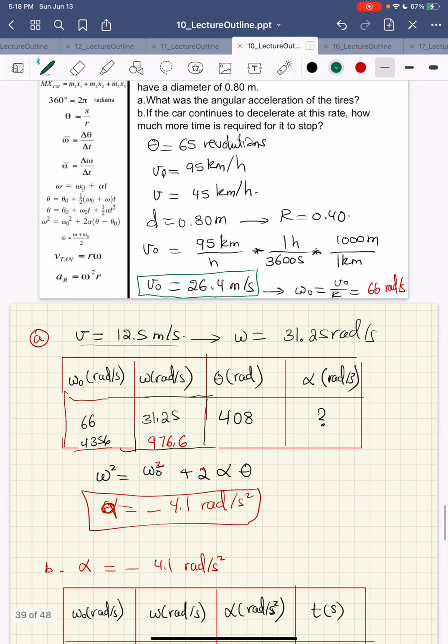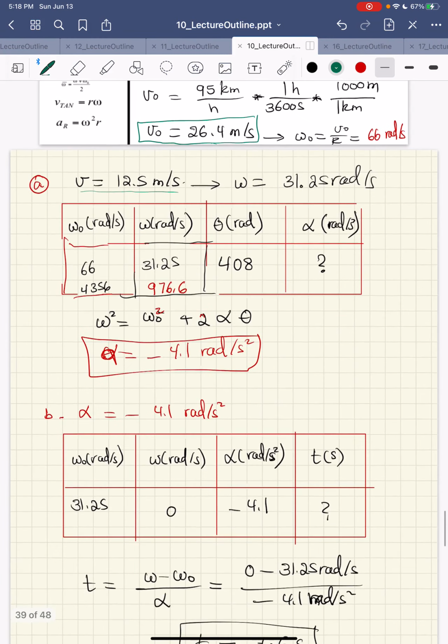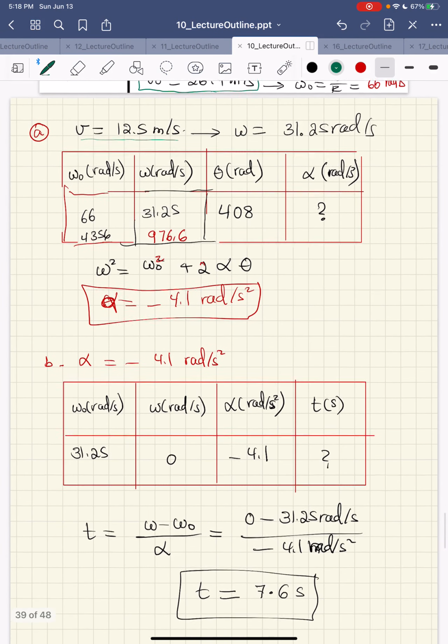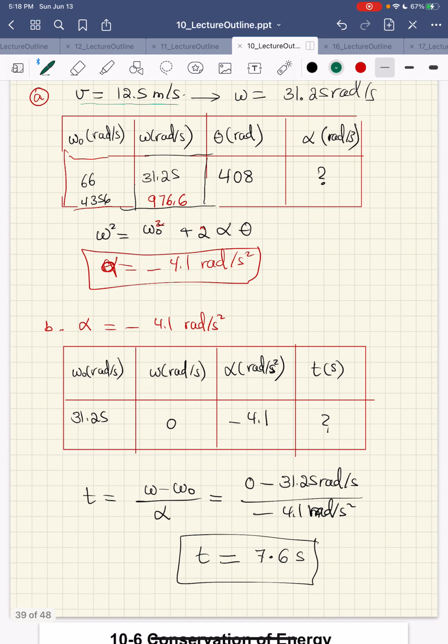In part B, we are asking if the car has the same acceleration, how much more time is required for it to stop. Remember, sometimes we might use the term deceleration, but the term acceleration is not wrong. We can have this information and calculate the time for it to stop.